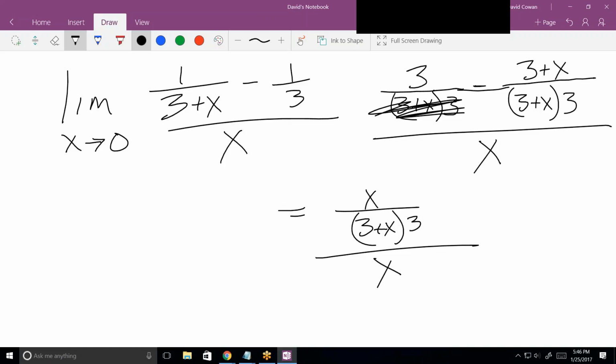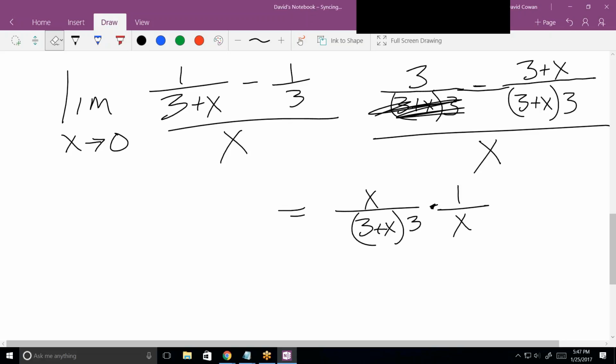The way I prefer to think of this is I'm dividing a fraction by a fraction, so I'm going to flip the bottom and multiply. This is pretty much what you said, and you put it more mathematically correct, but this is what I'm going to do.